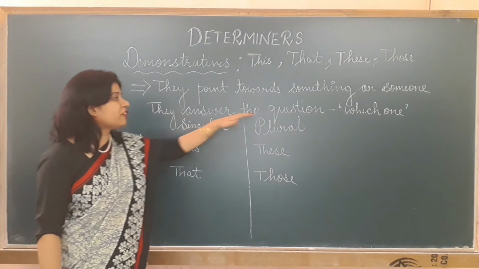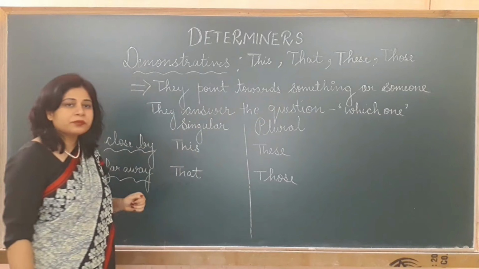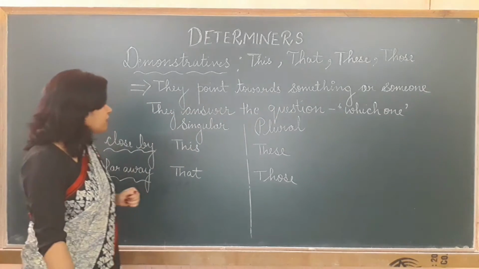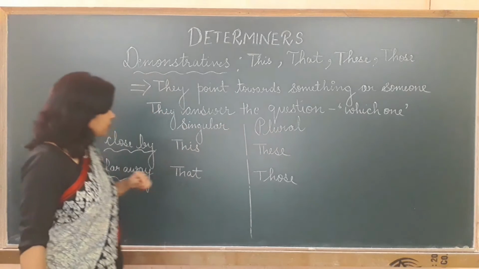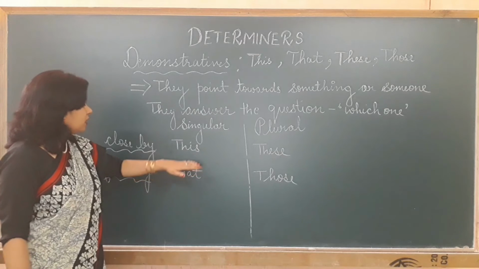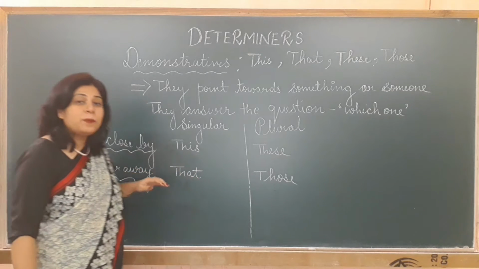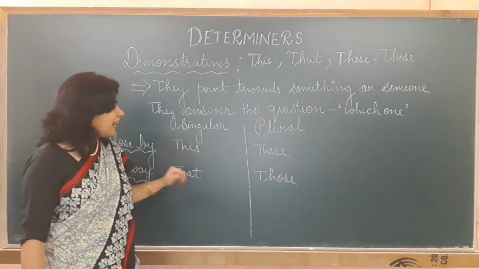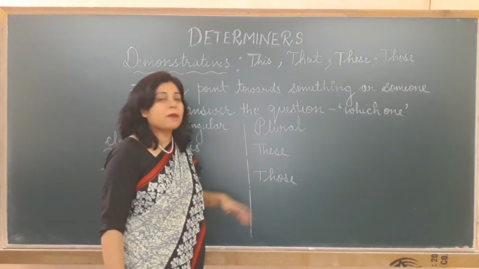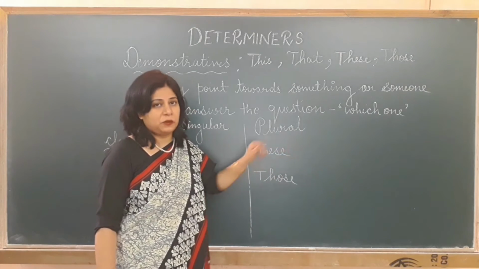They answer the question, which one? As you can see, I have written singular here and plural here. So, this and that are placed before singular nouns and these and those are placed before plural nouns.